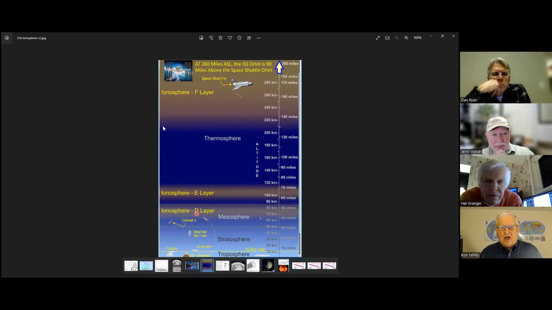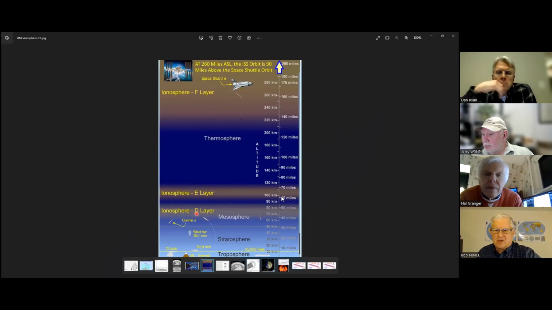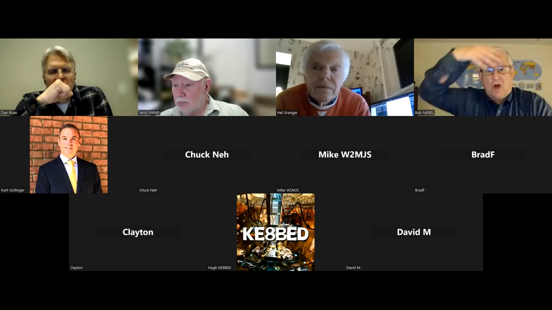The ionosphere is up high enough and there are just enough particles up there that the sun's UV rays can knock electrons free, and the electrons are what make radio waves bounce off the ionosphere and reflect back to Earth.